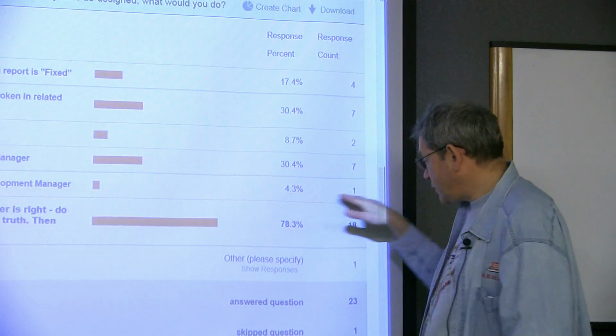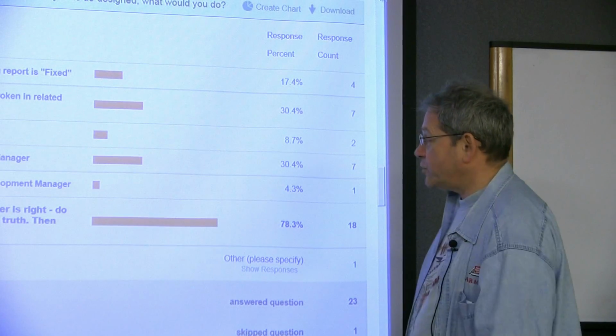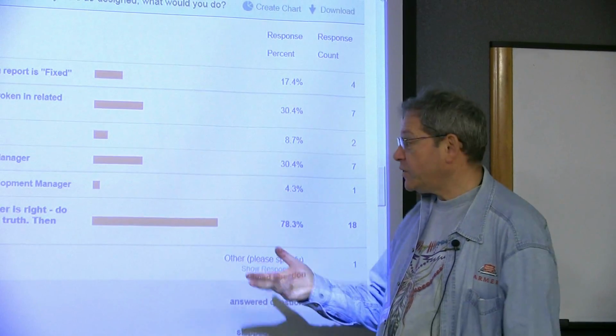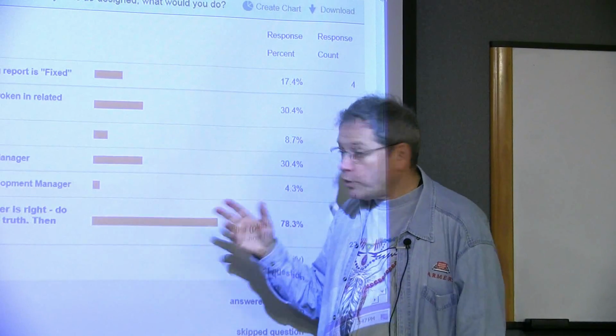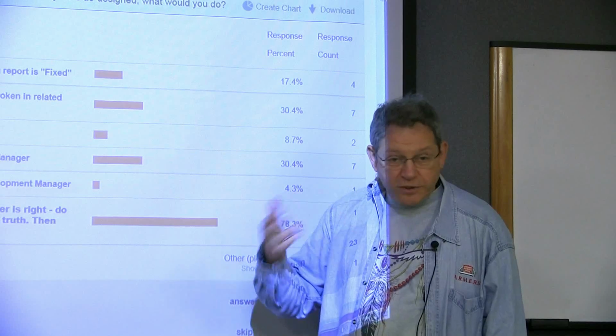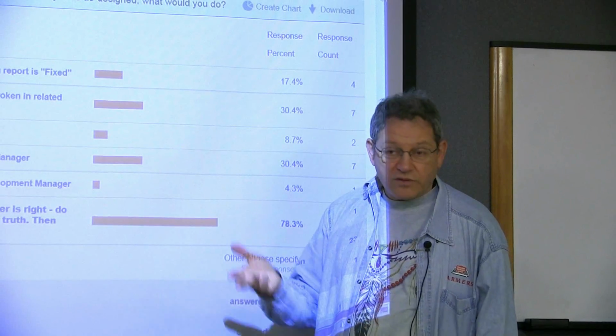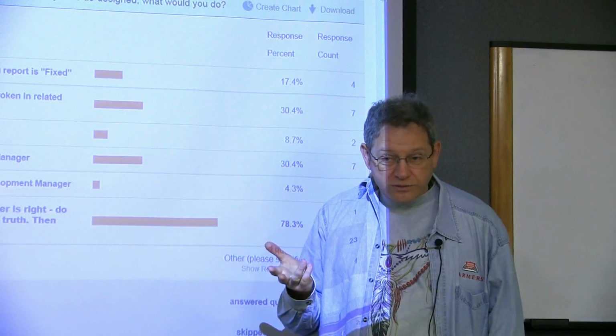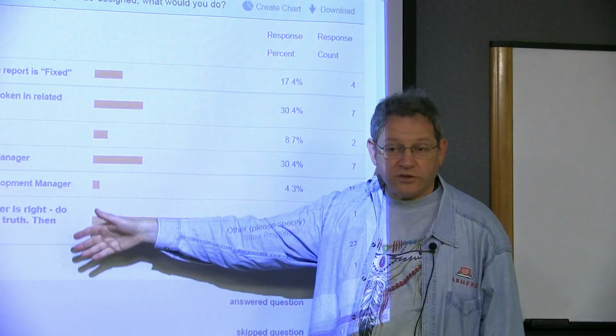First, make sure the developer is right. What does it mean? Most likely the developer is right, but let's make sure, let's justify whether the developer is right or wrong. If the developer is wrong, you explain why the developer is wrong.